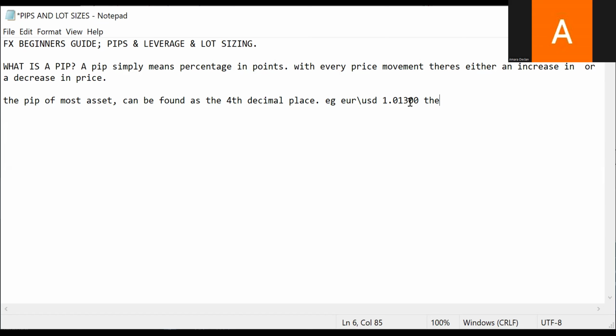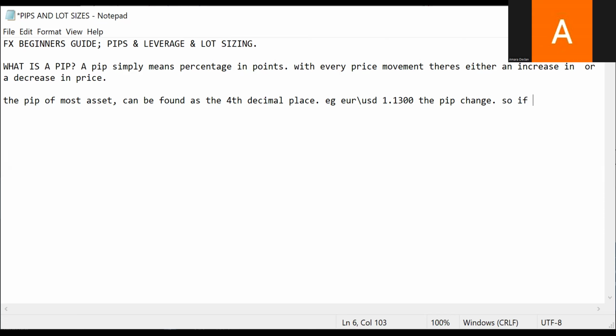The zero is actually what? The pip change. So if for any reason price goes from 1.1300 to let's say 1.1400, you can simply say that price has actually increased.